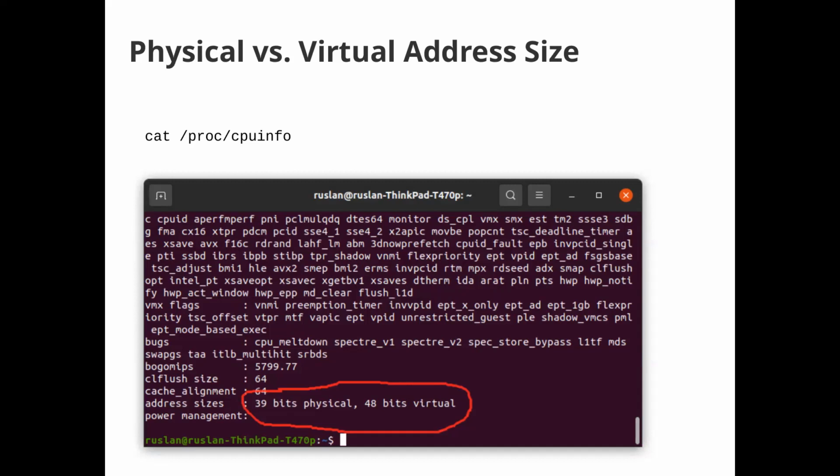That's what happens on my computer, and probably on yours as well. It says 39 bits physical because there's no point in having more bits for the physical address. I don't have that much RAM in my motherboard anyway. So that means the other bits should be set to 0. Then it says 48 bits virtual. So this is how you can test what your CPU has, assuming that you have x86-64.